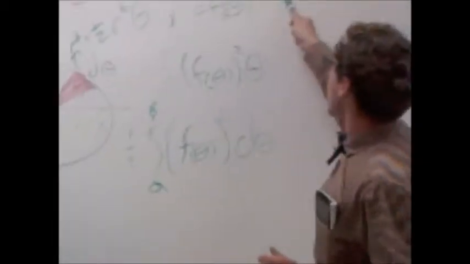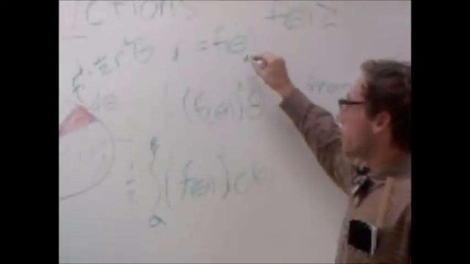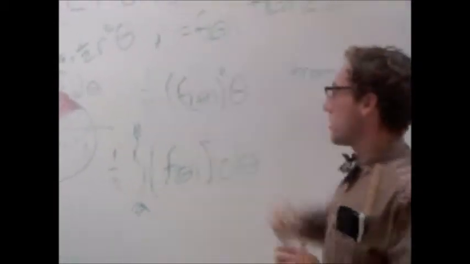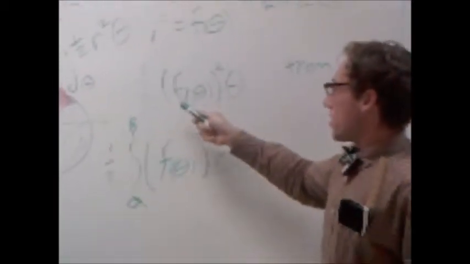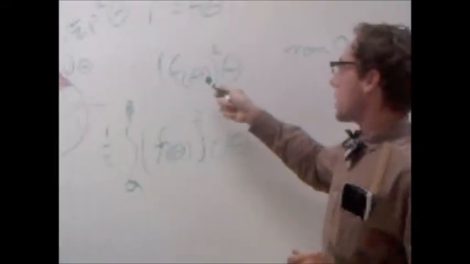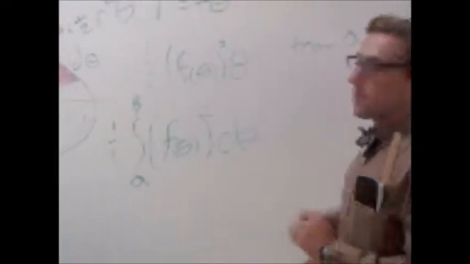function right here. If this function is f of theta and is greater or equal to 0 for all of theta, then r can be replaced with the function. Okay? So then we have 1/2 times the function of theta squared times theta. Okay?